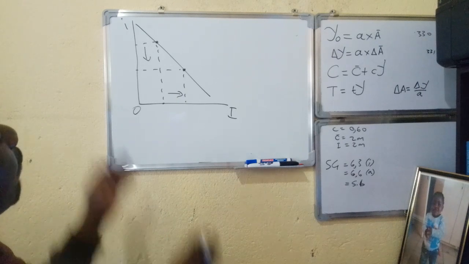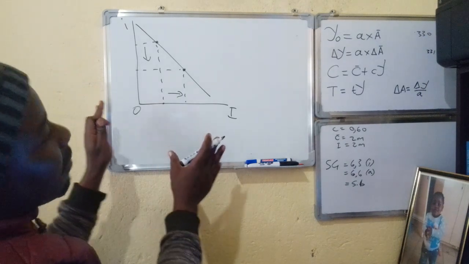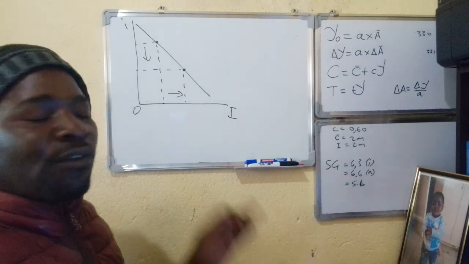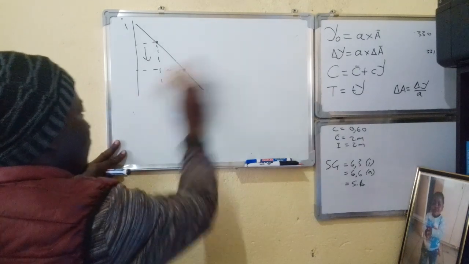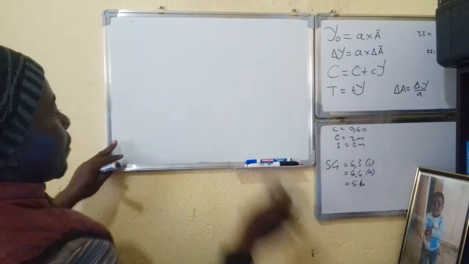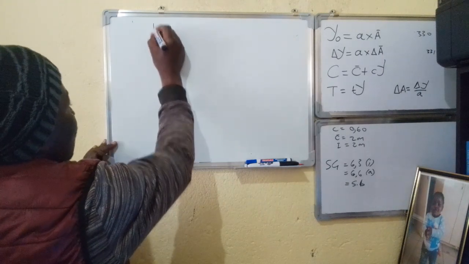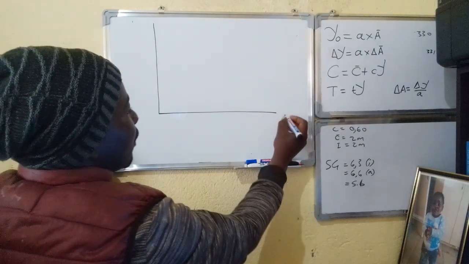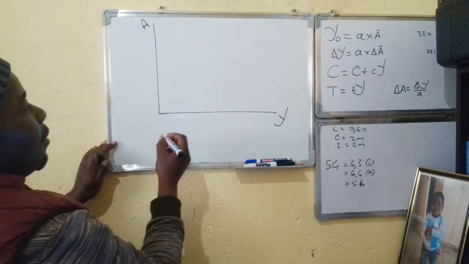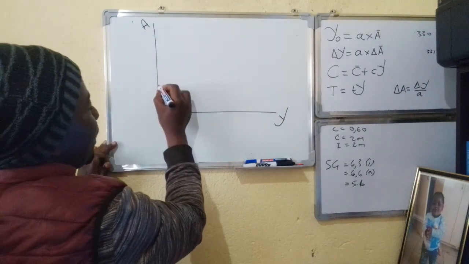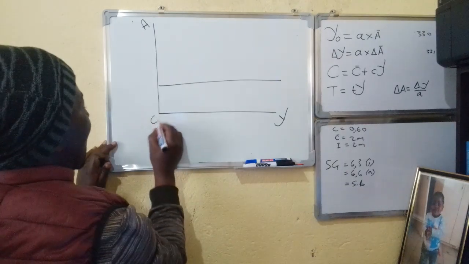Now, having understood this, let's take the investment function into the 45-degree graph. Because the 45-degree graph is made up of income and expenditure, the investment function will be a horizontal line.